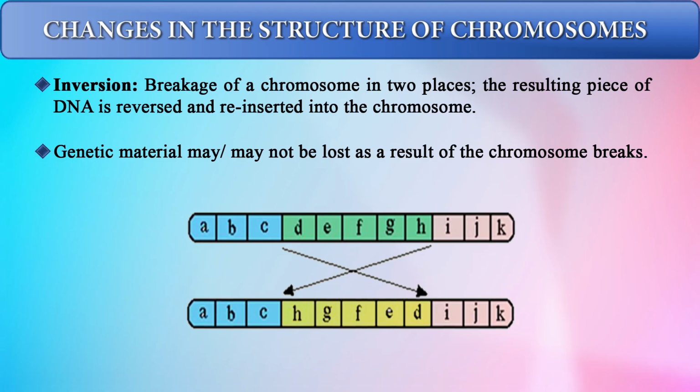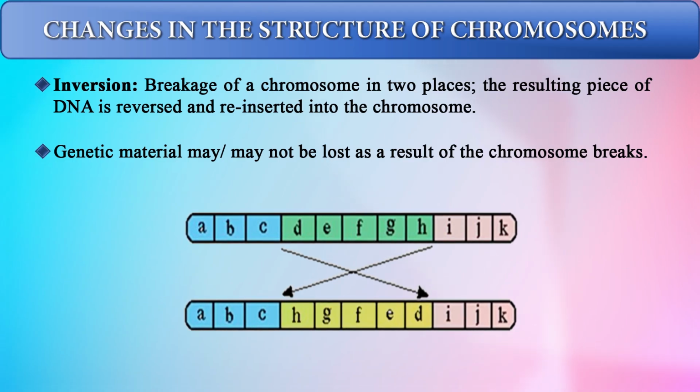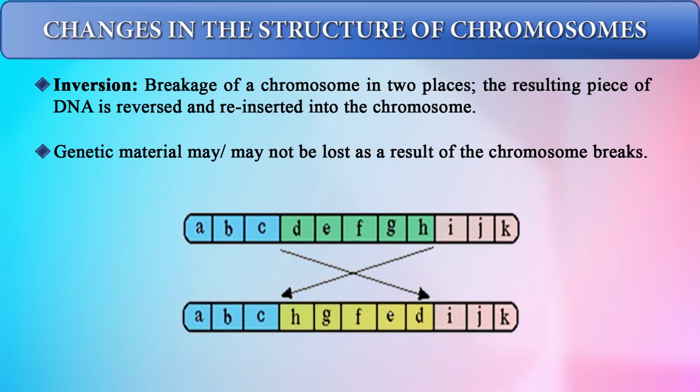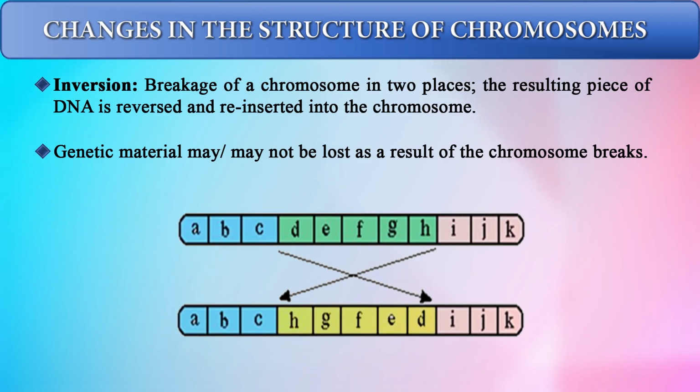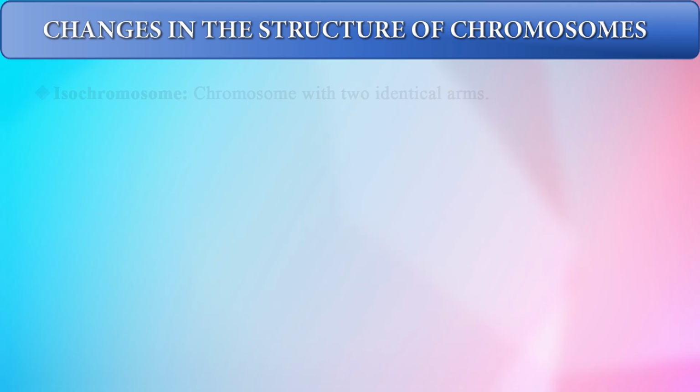It is getting reinserted as HGFED. So it is possible that some part of the genetic material may be lost, or may not be lost. So this is a problem with the inversion, where the piece is reversed and inserted in the process.